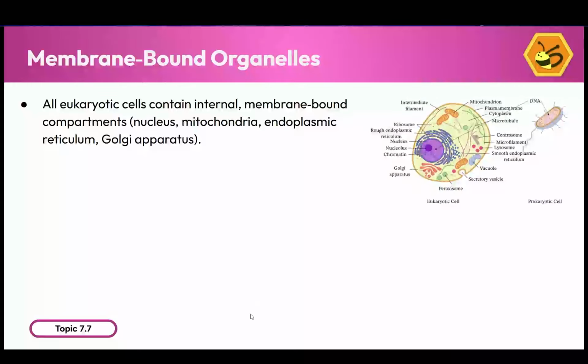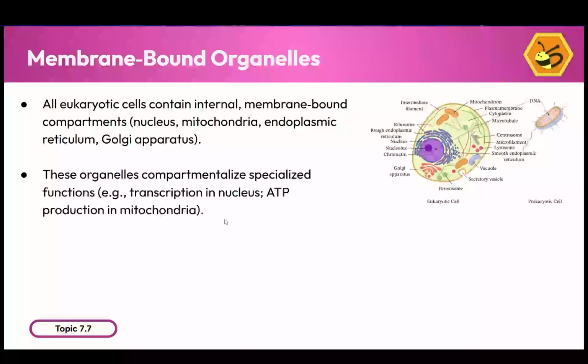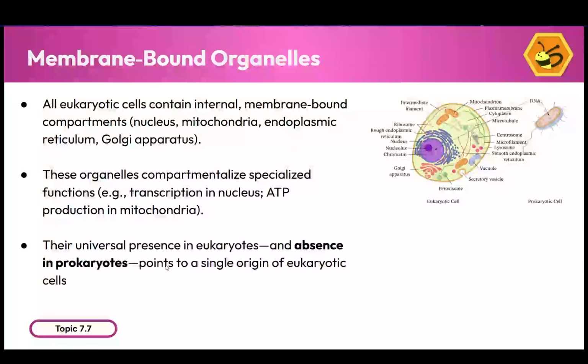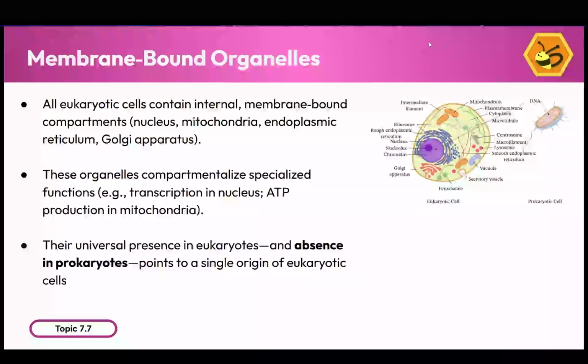All eukaryotic organisms have membrane-bound organelles like the nucleus and mitochondria, and these organelles compartmentalize specialized functions, for example transcription in the nucleus, which I think is a farther away unit, and ATP production in the mitochondria, the powerhouse of the cell.